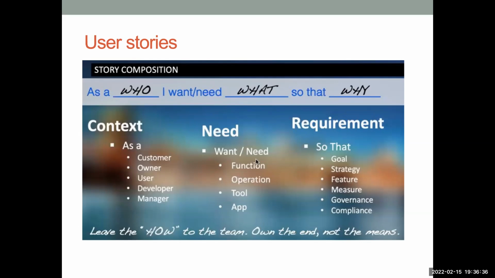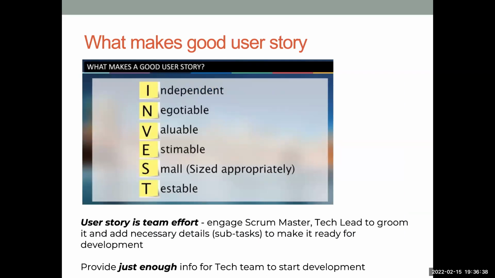Another point: create the user story together with the team. That's very valuable, in my experience, because you might know the business view very clearly, but the tech team will tell you about non-functional requirements which you might have missed.